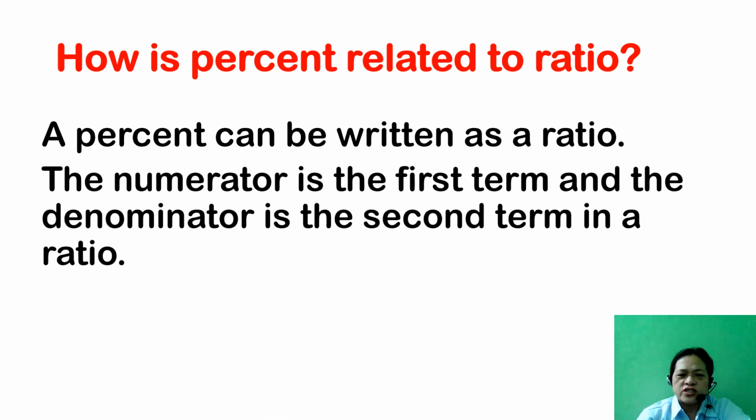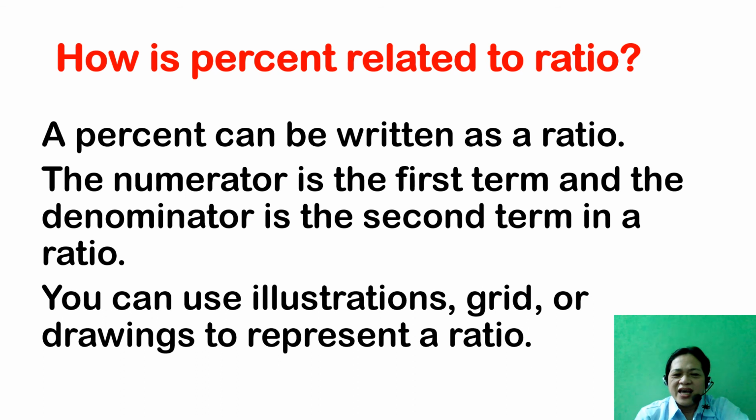Or you can also say the numerator is the first term and the denominator is the second term in a ratio. What have you used to illustrate ratio and percent? Very good. You use illustrations, grids, or drawings to represent a ratio.